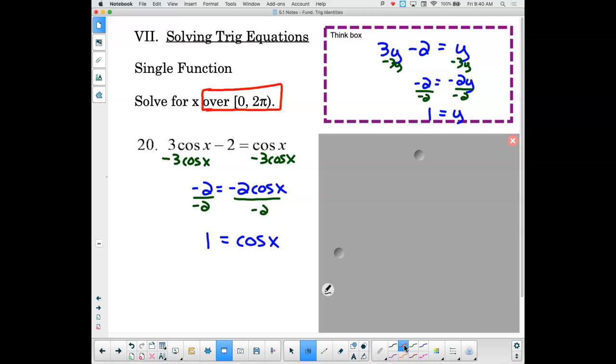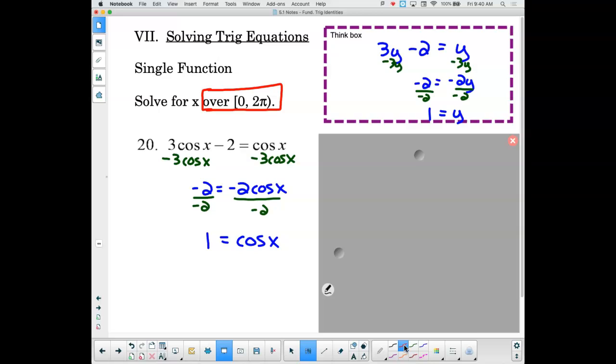From 0 radians included to 2 pi radians excluded, so the first lap of the unit circle, where on the first lap is cosine equal to 1? 0 and 2 pi, right?